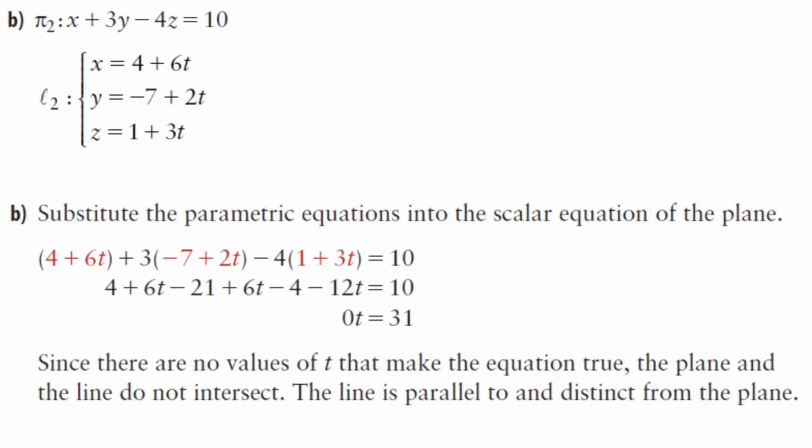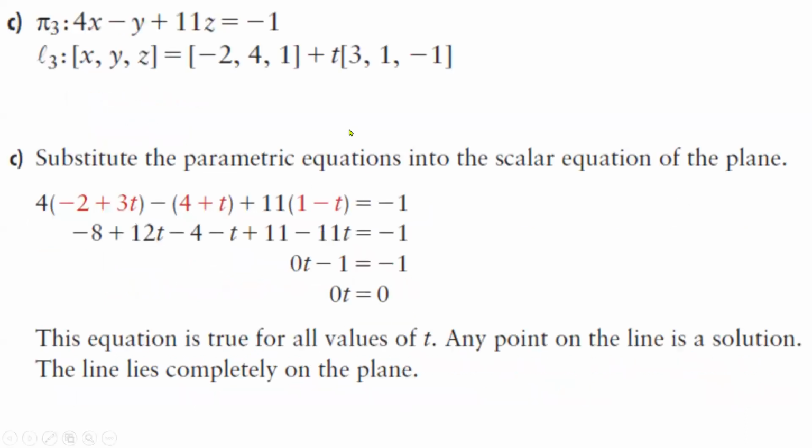All right, if no questions, let's consider the next one. Again, in question C, to check if the line is intersecting or coincident with the plane, we can substitute the parametric equations into the scalar equation of the plane. That gives us 0t equals 0.